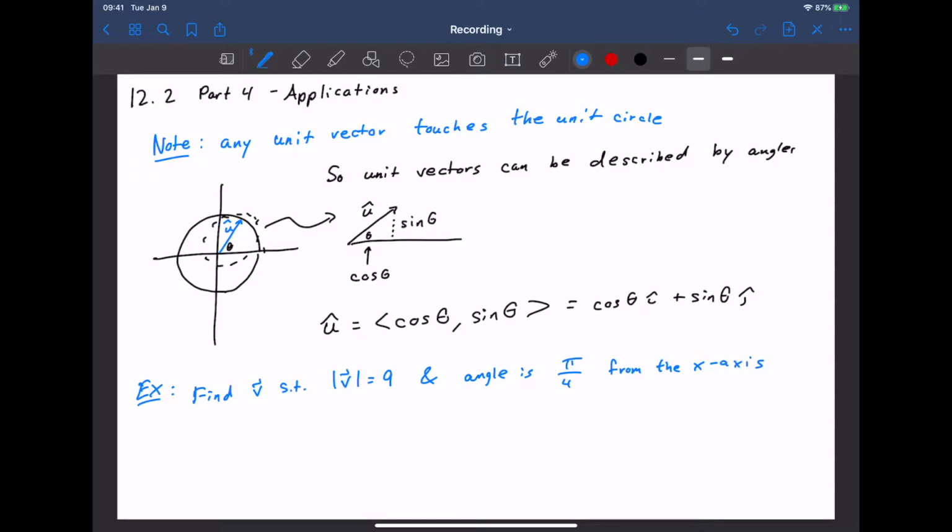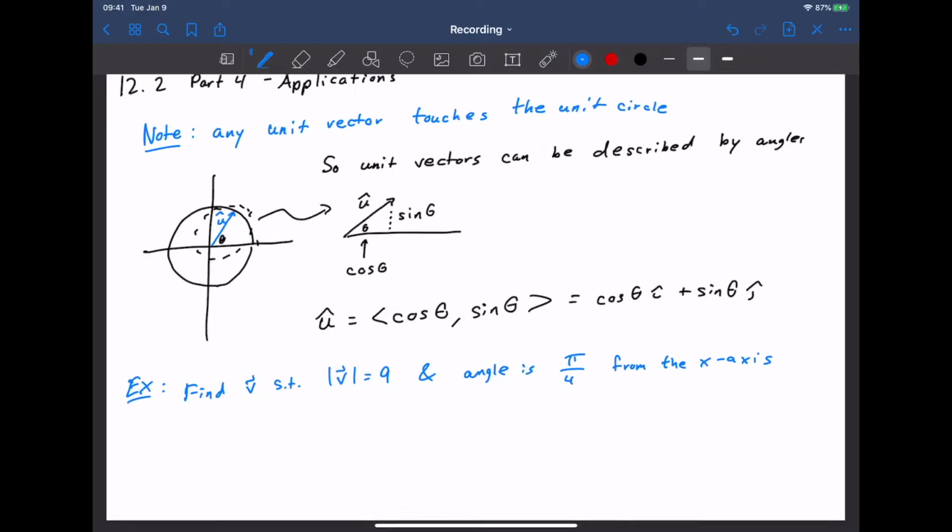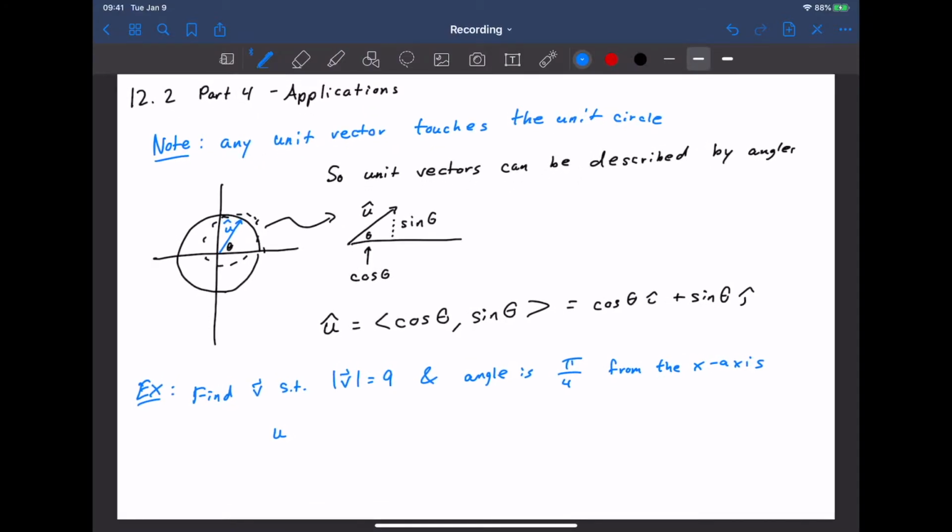What's really powerful of this is it's not even that hard. The unit vector you would use is cosine pi over 4 i hat plus sine pi over 4 j hat.